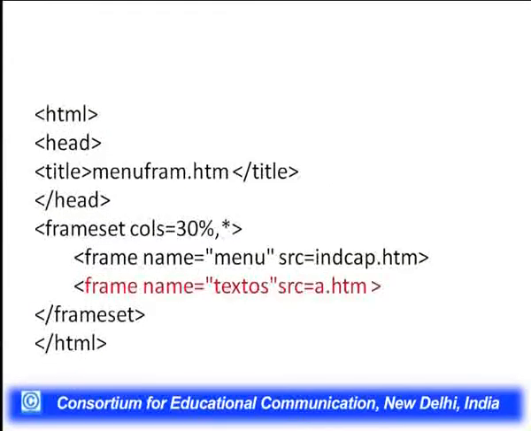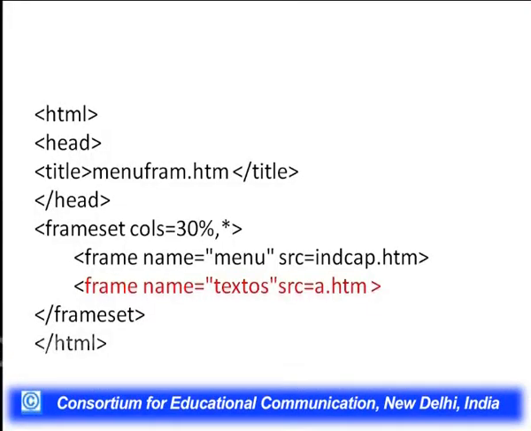So, we will see how the frameset has been defined. This is the file which is showing the frameset. You can see we have defined a frameset cols 30%, star. So, the first frame on the left hand side is a narrow frame which is only using 30% of the area. The rest of the area is for the right hand side frame which will show the contents. The first frame has the file menu and the source has been given, and the second frame's name is textos.